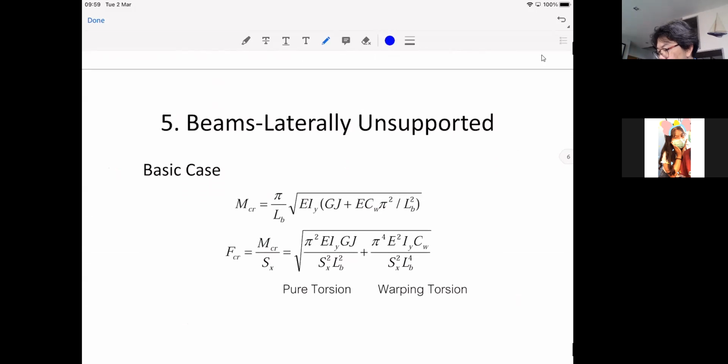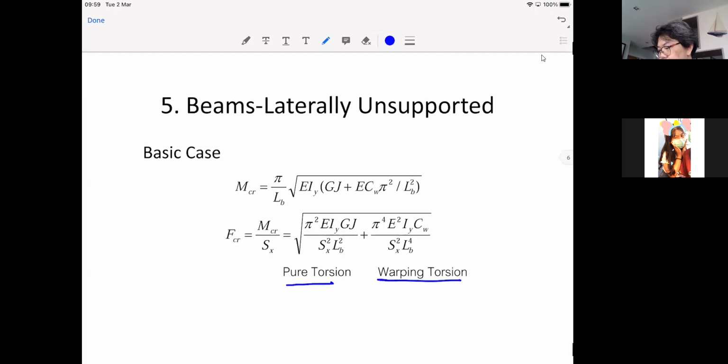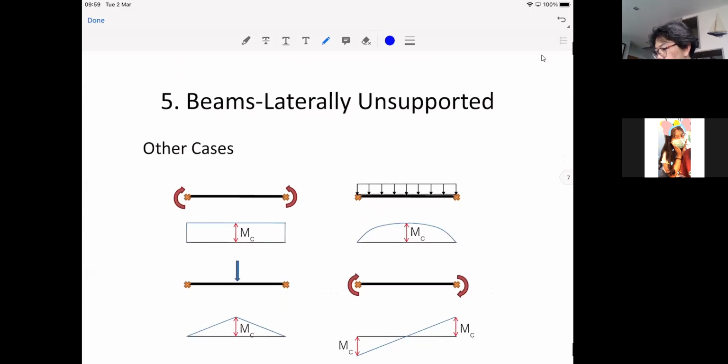And as I say, you would have this term for the pure torsion and warping torsion in the calculation of the flexural strength of the beam when lateral torsional buckling becomes the behavior of your beam. Okay, and that's all you need to know.